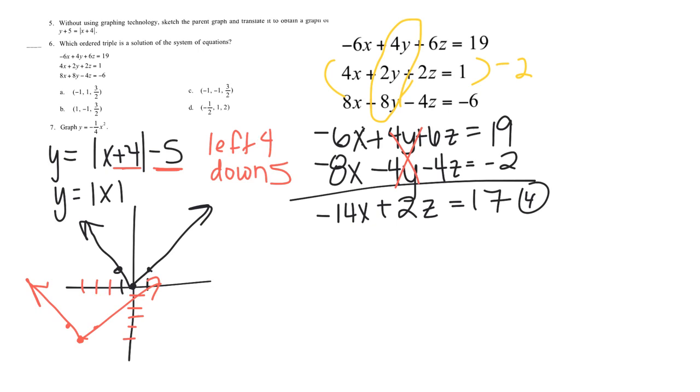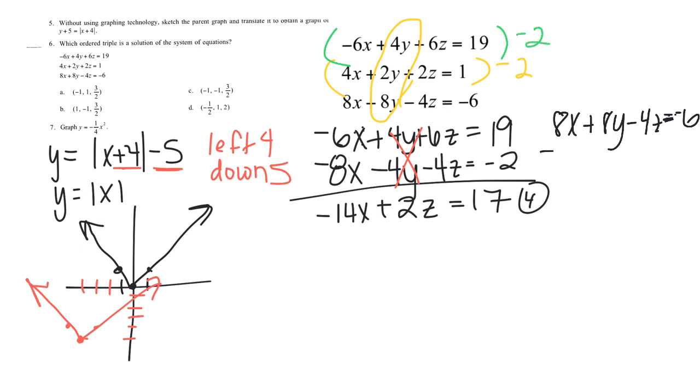Then we're going to do equation 3, 8x. That's a plus 8y minus 4z equals negative 6. And I'm going to multiply the top equation by a negative 2.